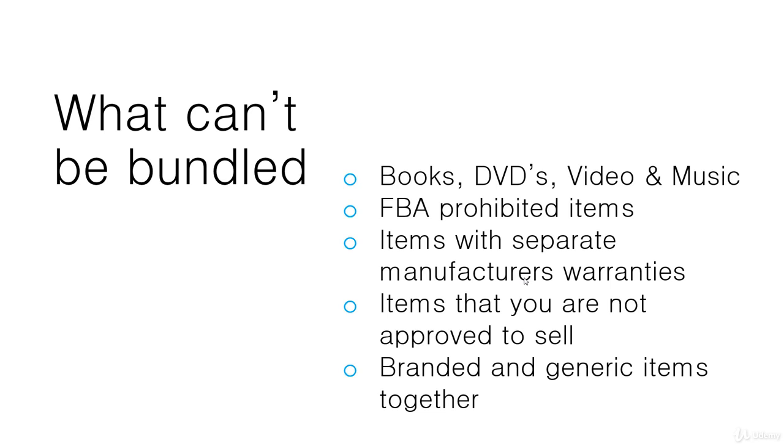This is not exactly black and white, because if you have a bundle which say has 10 of a particular name brand product in it and then one generic item, that will be okay. But if you don't really fully understand this, it can be a little bit risky. So what I recommend is you just don't mix name brand and generic items together at all.